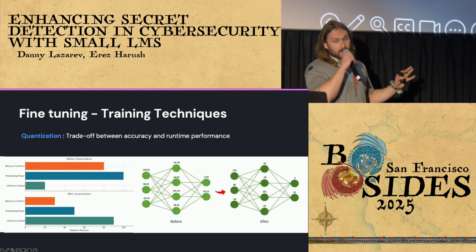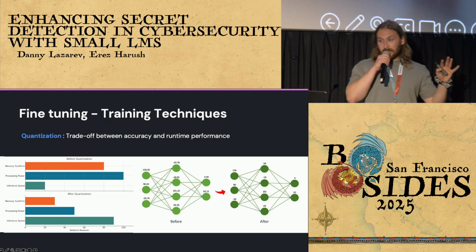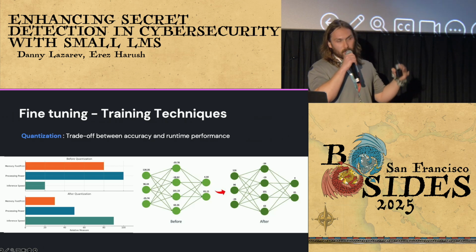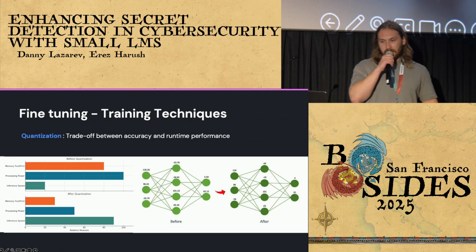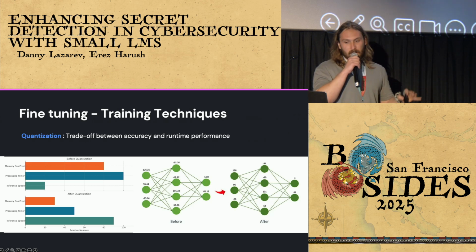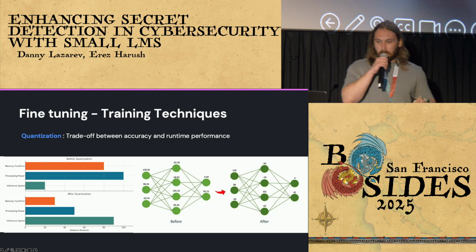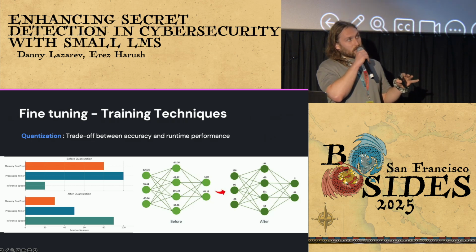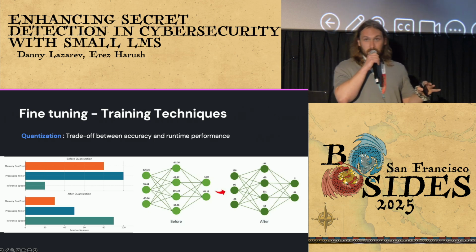Because a model is a series of mathematical operations, and using smaller numbers makes the operations much faster. The main things we care about are memory footprint, processing power, and inference speed. After quantization, those numbers get way better, and we don't lose a lot of precision.